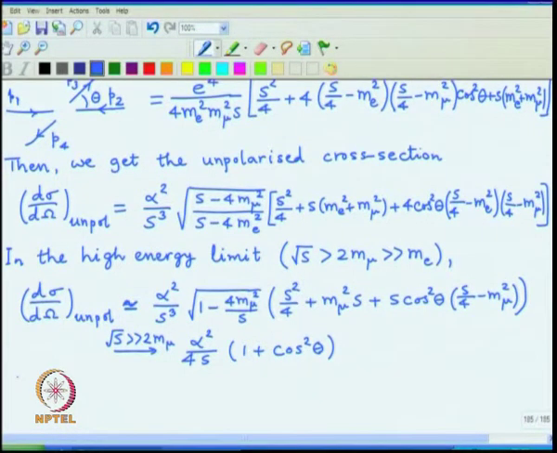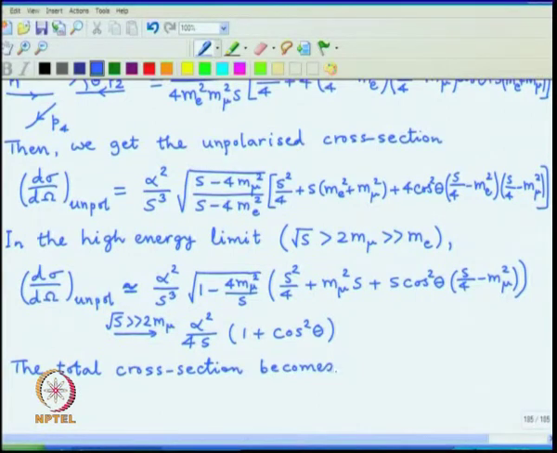One can go further and calculate what is the total cross section by integrating out over the angle again. First just neglecting the electron mass and then we will remove the muon mass as well.